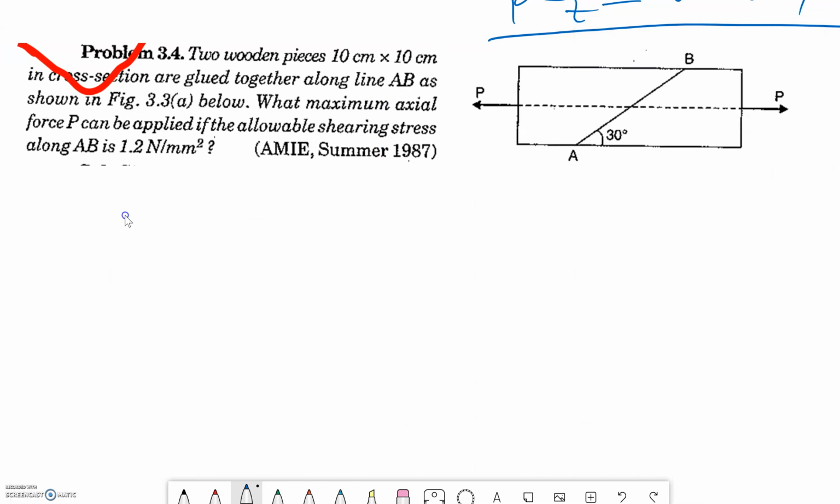Two wooden pieces 10 centimeters in the cross section are glued together along line AB as shown in figure 3.3 below. What maximum axial force P can be applied if the allowable shearing stress along AB is 1.2 Newton per mm squared? So let us first record the information that is given.